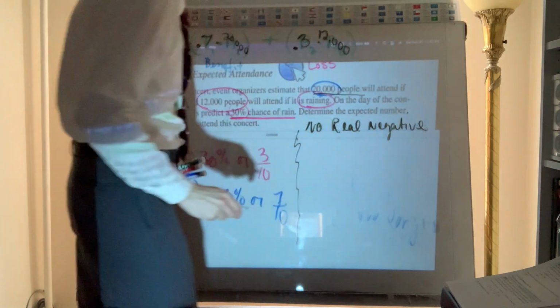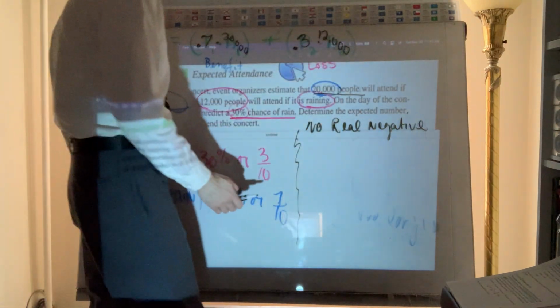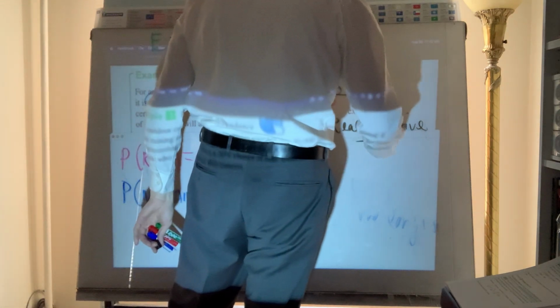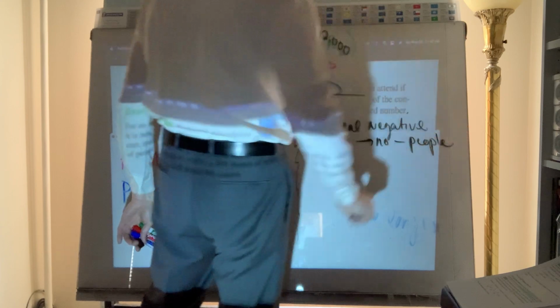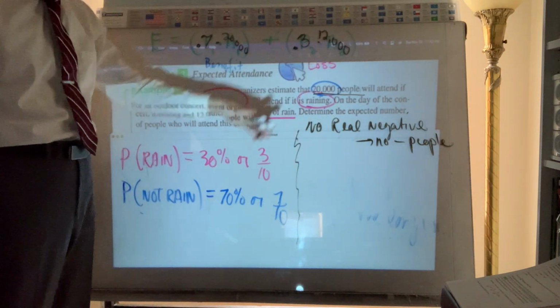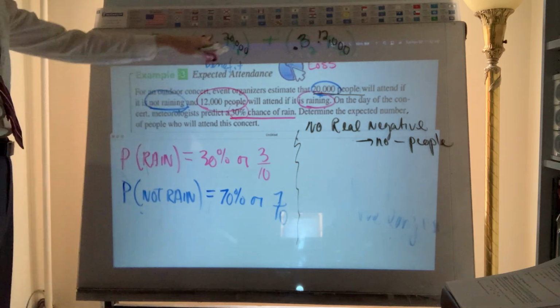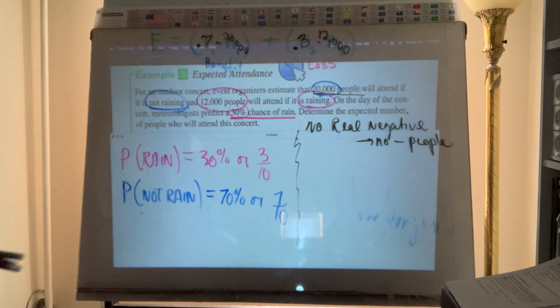It's not like you're going to have negative people, event goers, people in attendance. It's just a smaller percentage of people. So it's not going to be 20,000. That will be the maximum essentially, but we'll see what it calculates out to be.